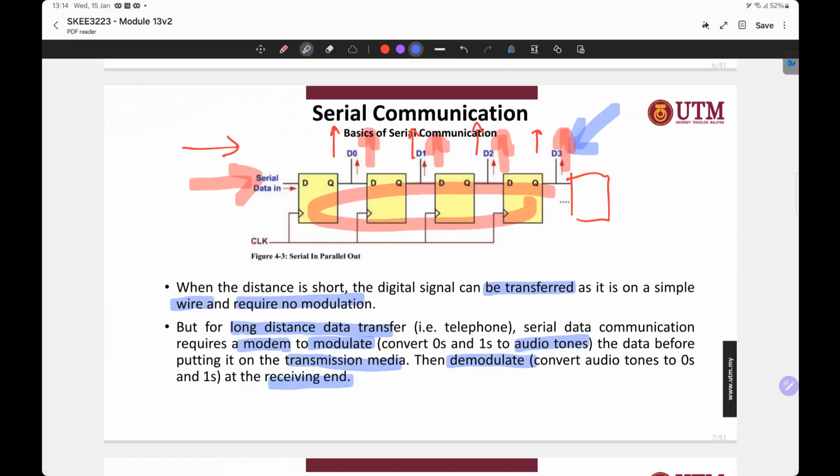This is the mechanism every time you send a digital signal over a long distance, while for the short distance, you can simply send the digital data without any modifications.